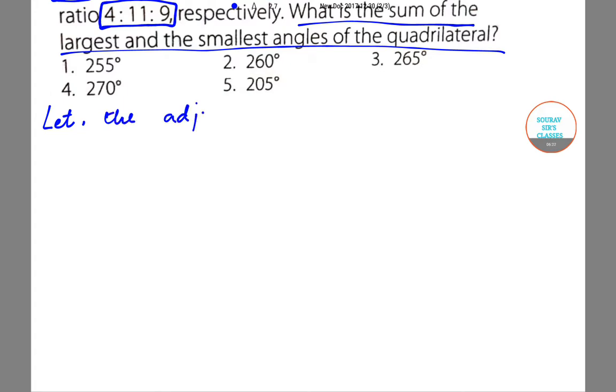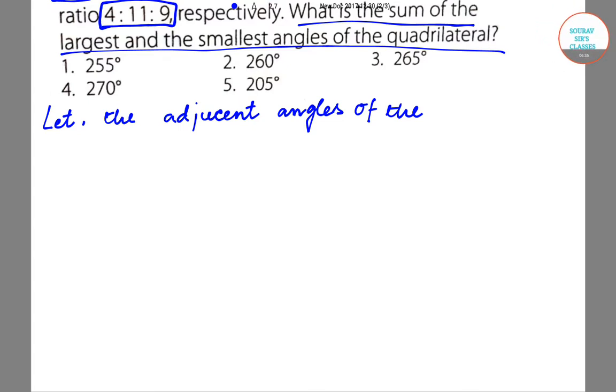be 4x and 5x, because the ratio was given, that was 4:5.